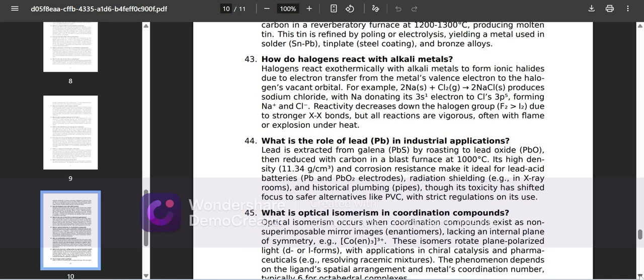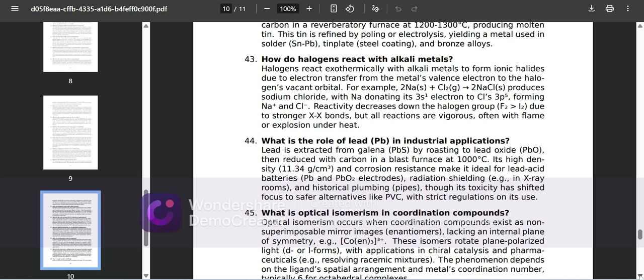How do halogens react with alkali metals? Halogens react exothermically with alkali metals to form ionic halides due to electron transfer from the metal's valence electron to the halogen's vacant orbitals. For example, 2Na(s) + Cl2(g) gives 2NaCl(s), producing sodium chloride, with sodium donating its 3s1 electron to chlorine's 3p5, forming Na+ and Cl-.